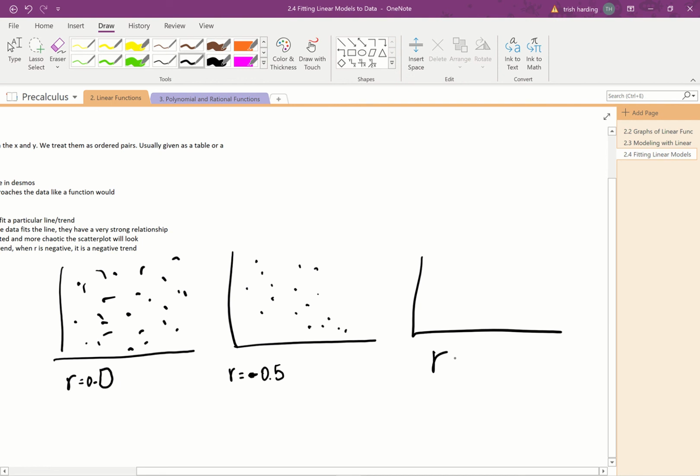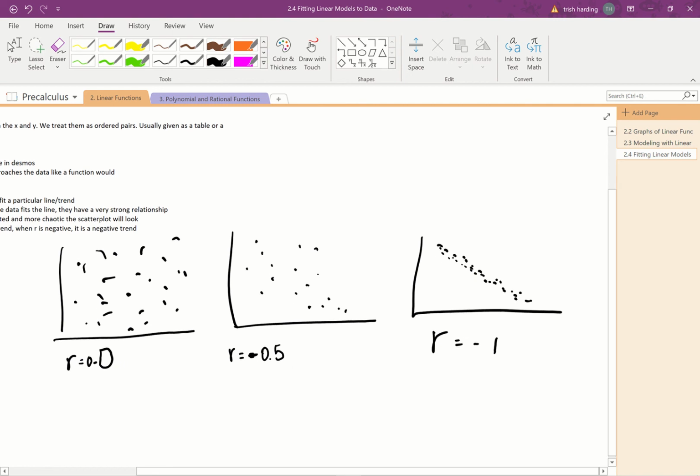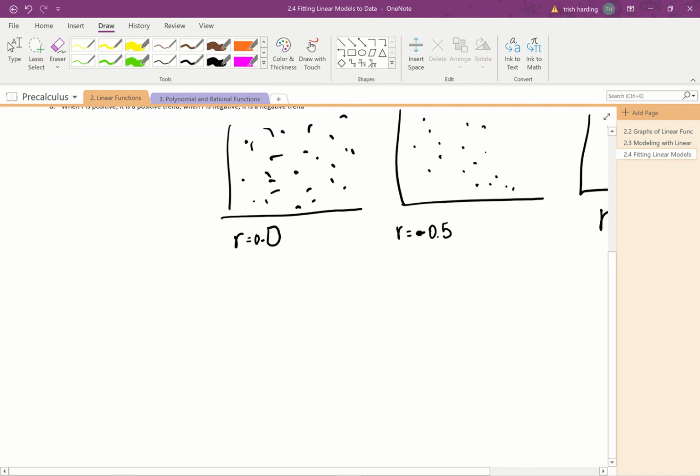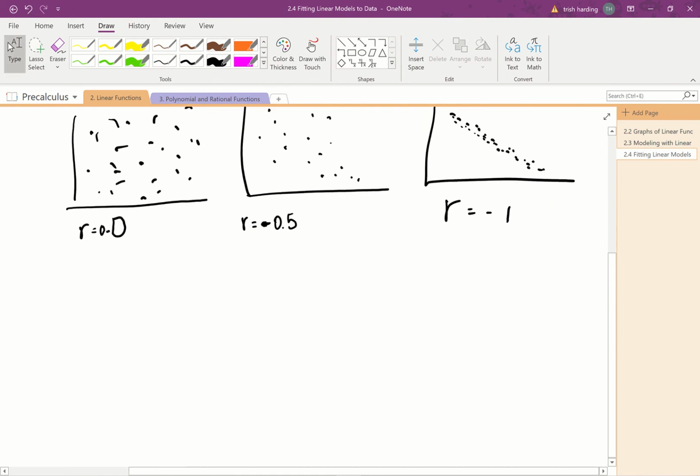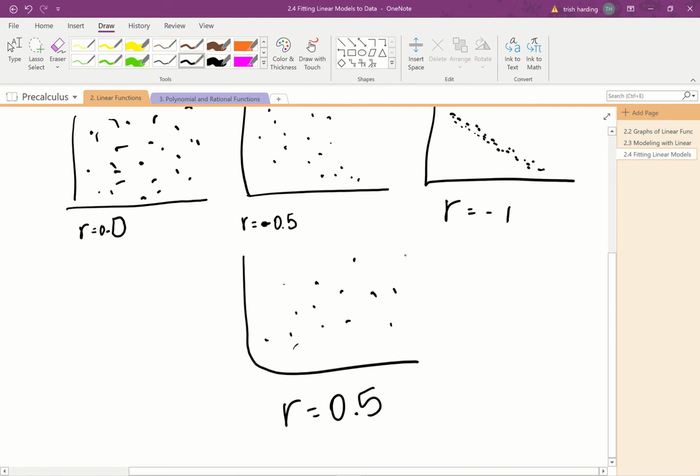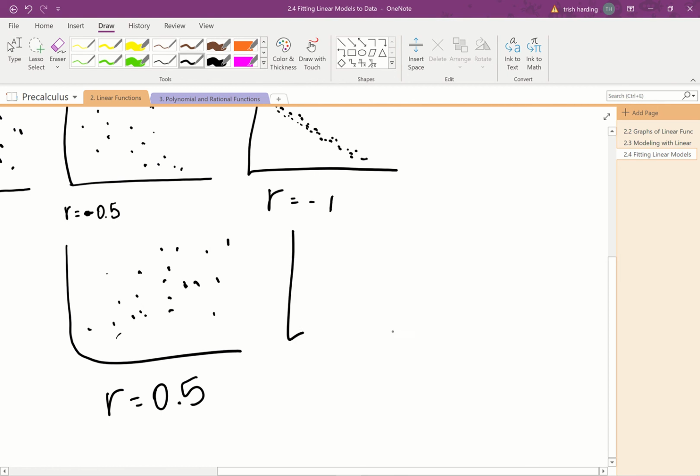Well, when r reaches -1, that's a very, very strong trend. See, it's pretty much a line. But if we were to go in the other direction, if r were to equal positive 0.5, you'd get something like this. Kind of an upward trend. Now if r was equal to 1, you would get a very definitive trend going upward.